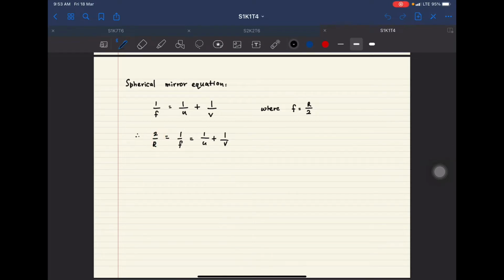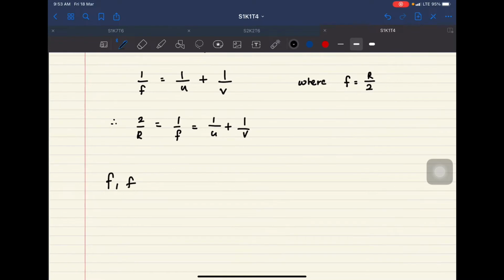As a recap, f is the focal length. It can be positive or negative. If f is positive, it means the behavior of the mirror is converging.